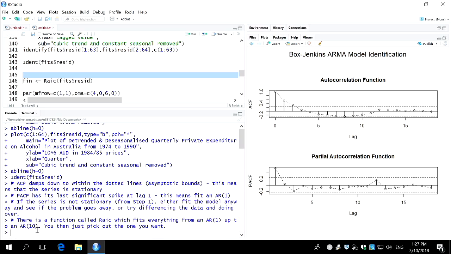So it's called capital R AIC. So our series at the moment is fits dollars resid, right? That's our series. So if I give it a name, AR fits equals capital R AIC of fits dollars resid.